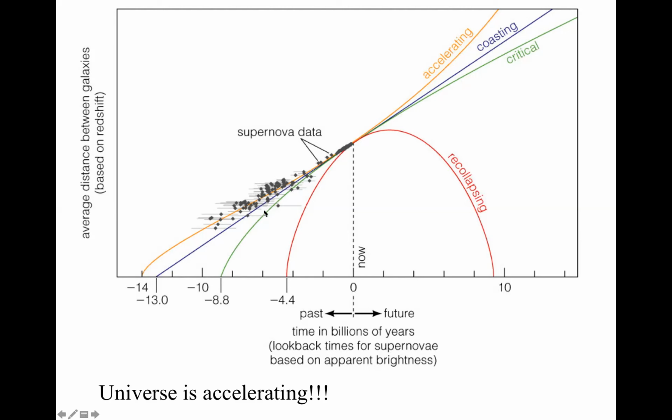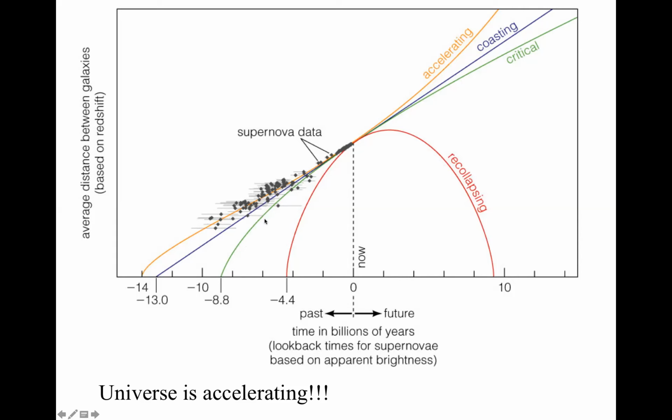But we can see the data, so this is where the supernovae actually lie, and how far in the past they look back. If we lived in that actual flat universe, they'd be over here. They are not. The best fit to the data is neither the blue nor the red nor the green curve.